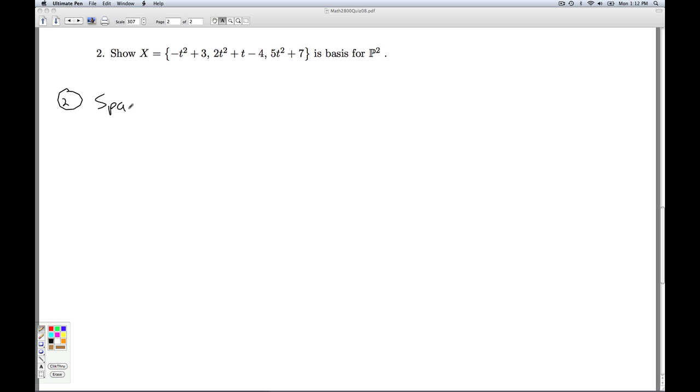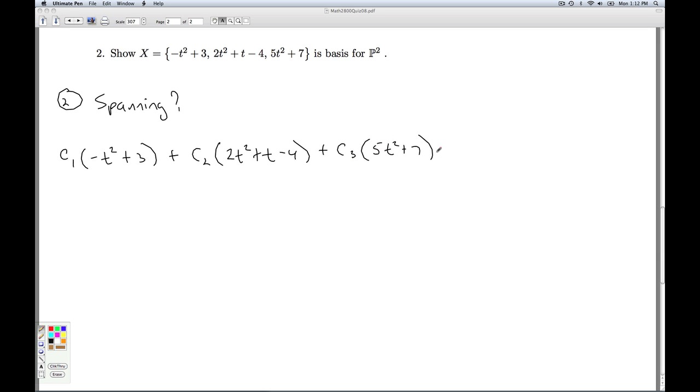As far as spanning goes, well, I'll get you started, but you can see I take a generic element of P2.